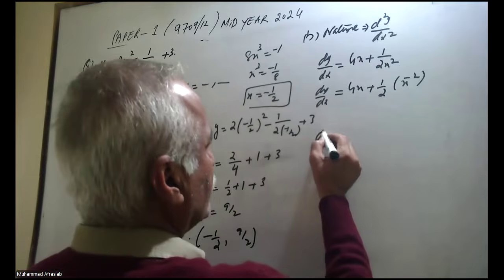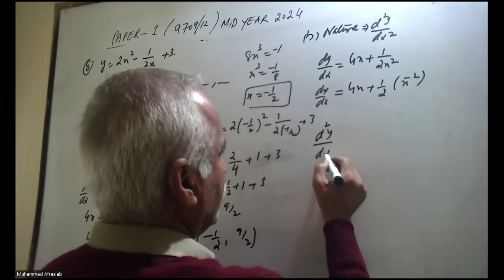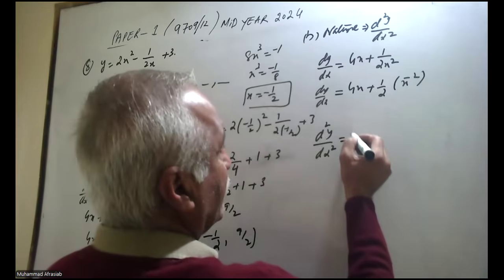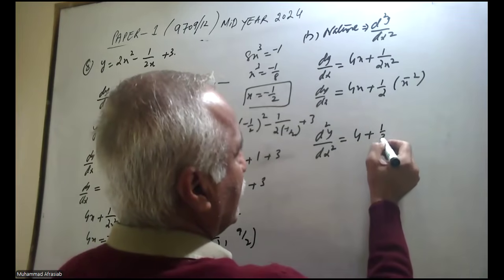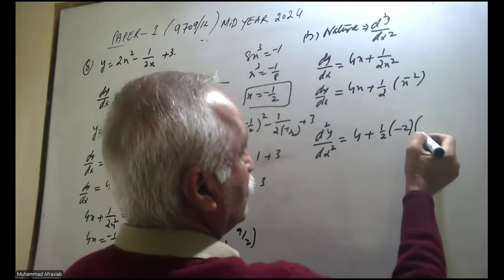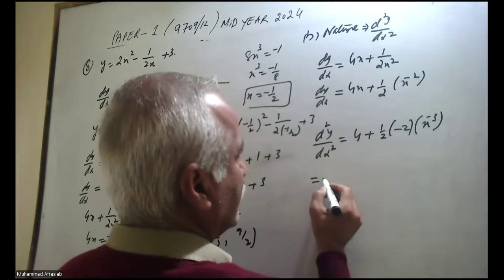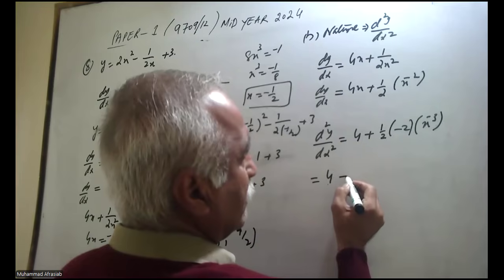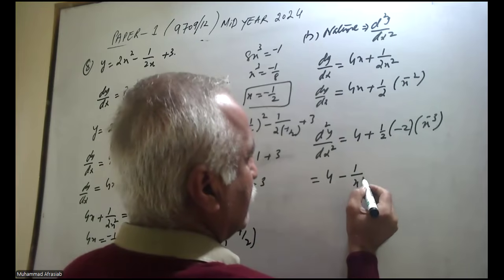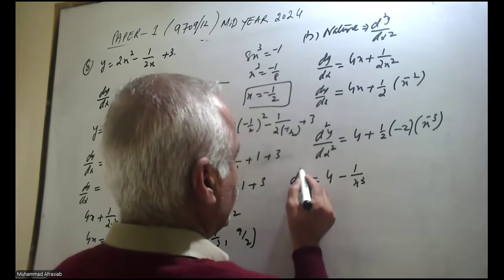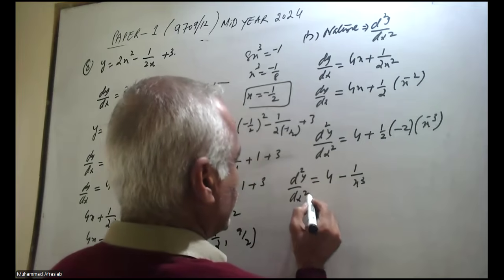Now we have to find out the second derivative. 4x, its derivative is 4 plus half minus 2 into x power minus 3. This will become 4 minus 1 over x cube, which is the second derivative.